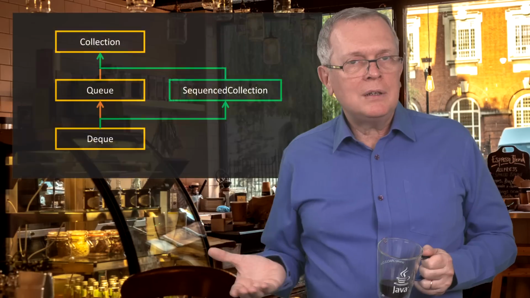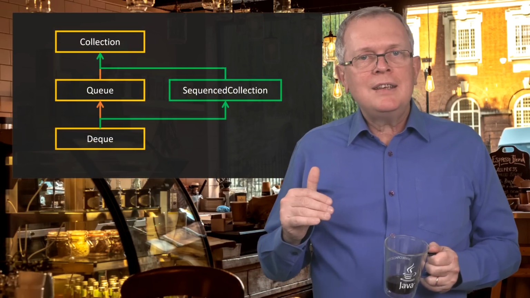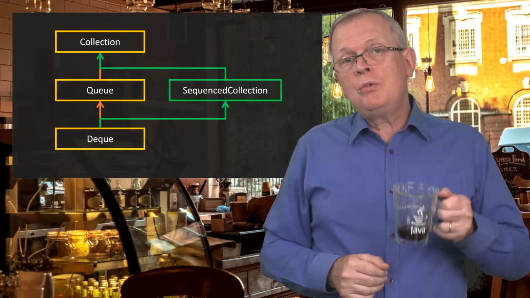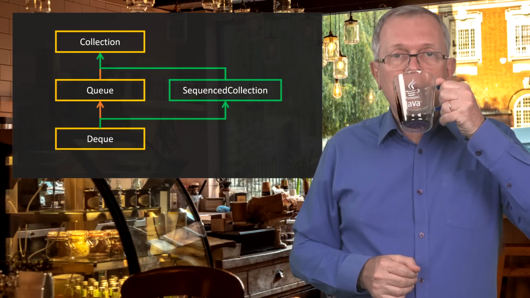Because you can add, remove and get elements from the head or from the tail of a deque, it then makes sense to make it extend sequenced collection, and this is what has been done. So now a deque is also a sequenced collection, which may be useful to make your code simpler.